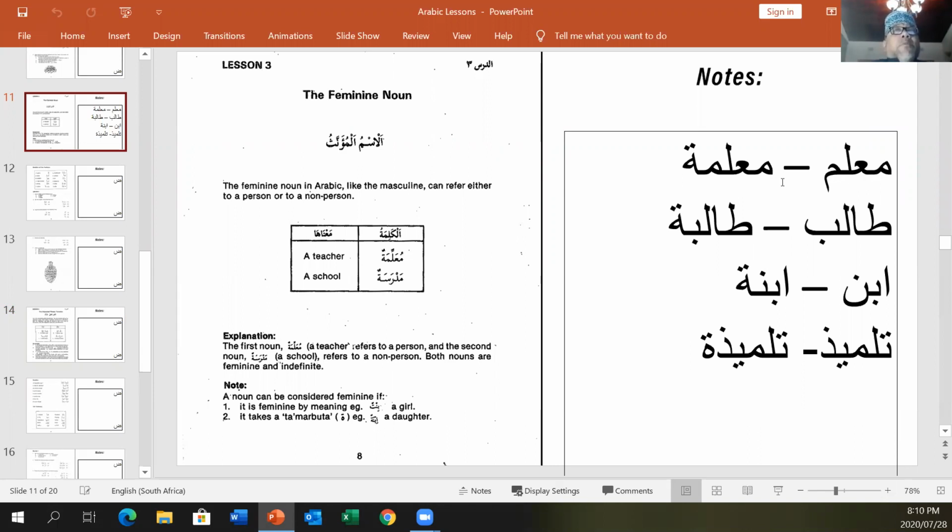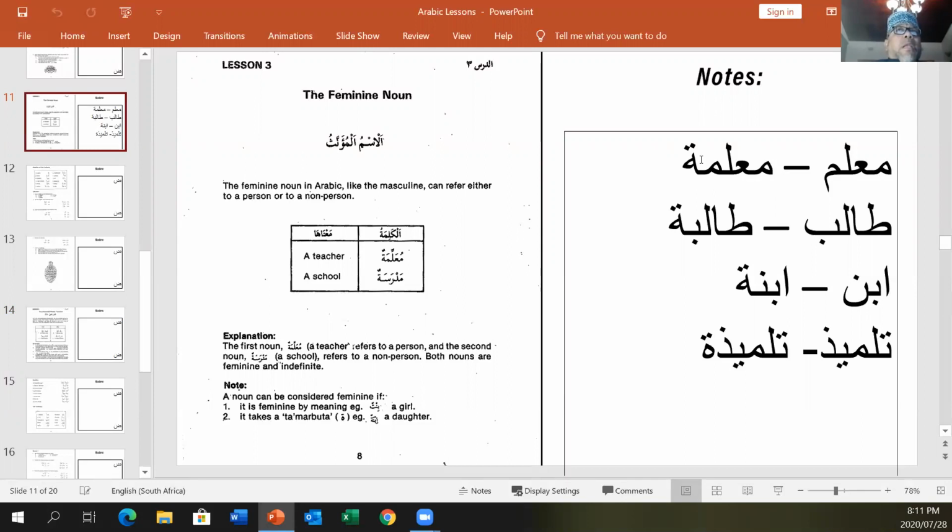When we want to change that into the feminine, a female teacher, the mim is still there, but we add a ta marbuta, and importantly, we say mu'allimatun.